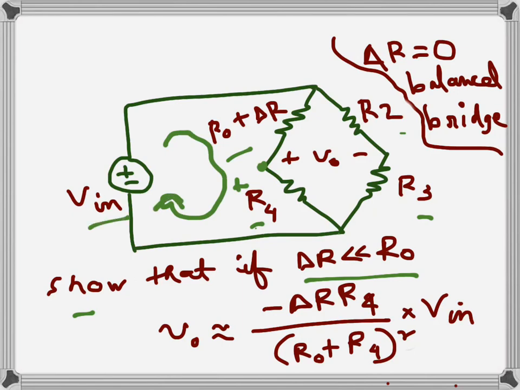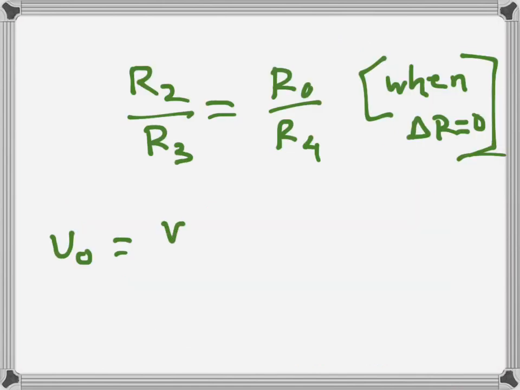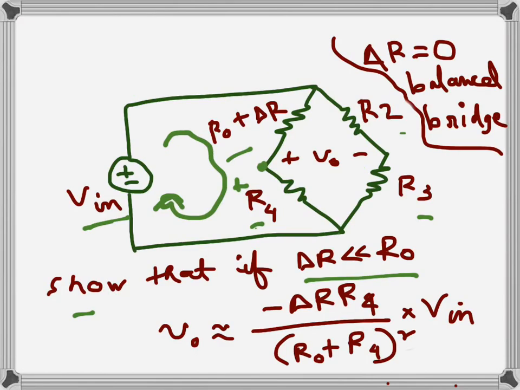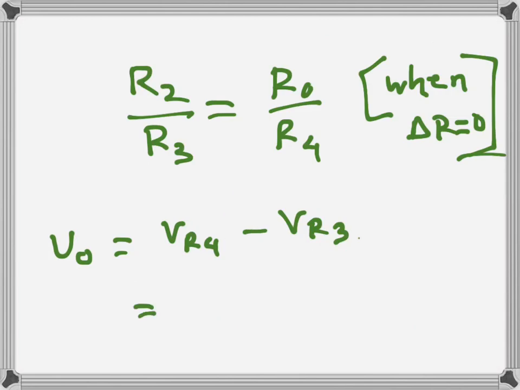This is the voltage source and these are the two resistances where the whole voltage is dropped. So if we find the voltage drop across R4, VR4 minus VR3 will be V0.